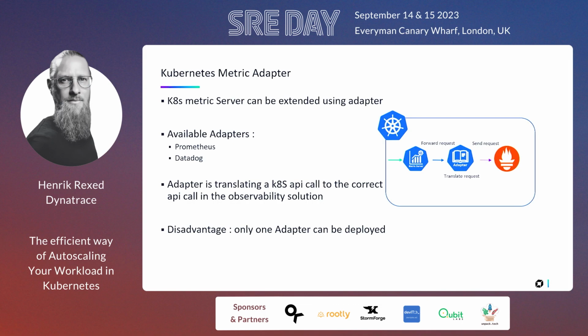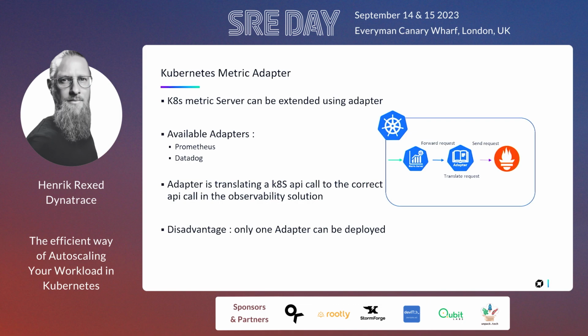It will translate that API call, in this example for Prometheus, into an API call to Prometheus, send a PromQL query, get the metrics, and then respond back to the metric API. So at the end, it's just a way of connecting the dots between the metric API in Kubernetes and any observability solution on the market.